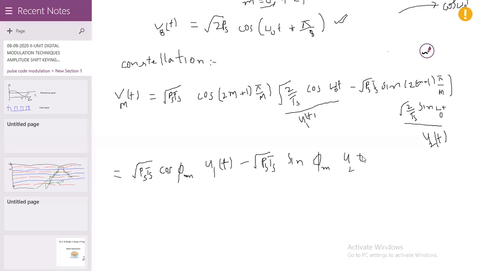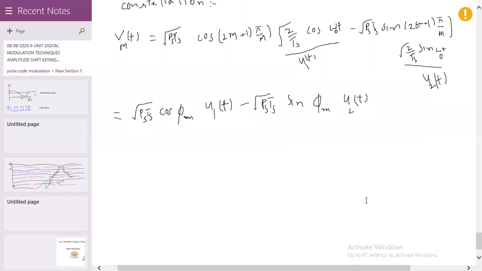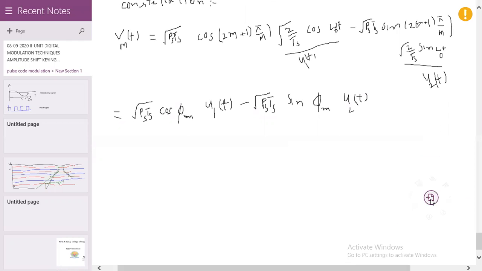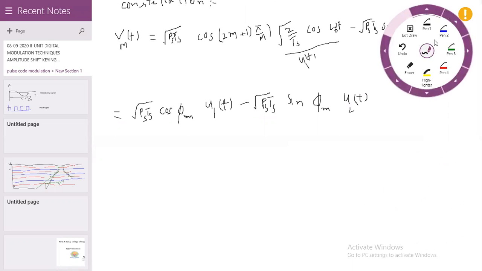You have written that equation in orthonormal coordinates. Now here we can draw the phasor diagram or constellation diagram for this M array PSK. How to draw?